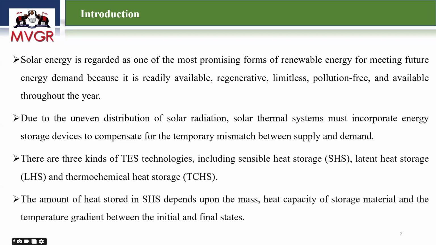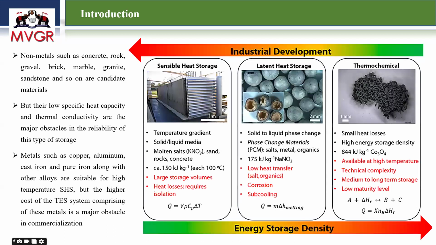Let us talk about the sensible heat storage system. It is quite common and not that complicated. Let us take any concrete material or sand material. I am generating high temperature steam and I want to store it.